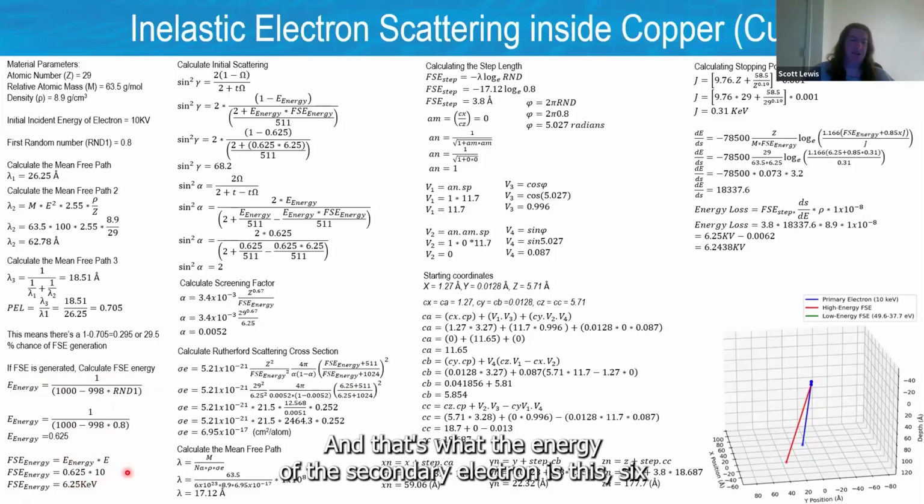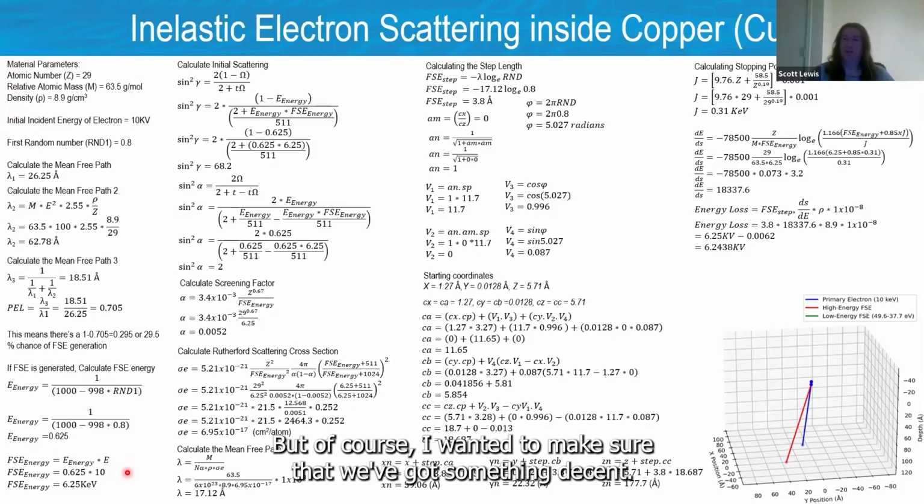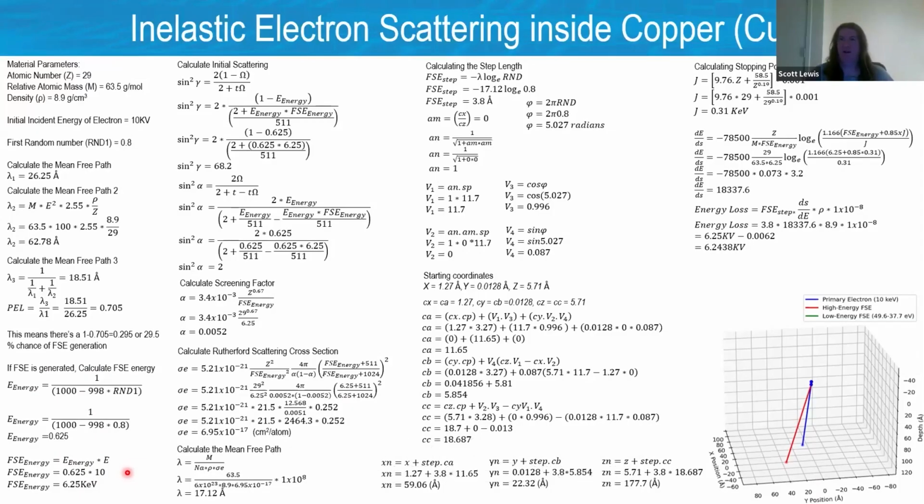So it's just over 6 kilovolts in this case. It can be lower, it could be hundreds, okay? But I wanted to make sure we've got something decent, that we don't go straight into the low energy.